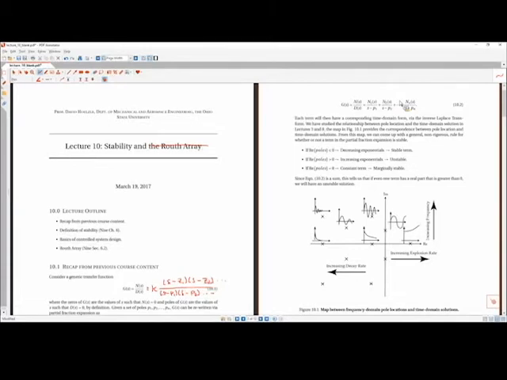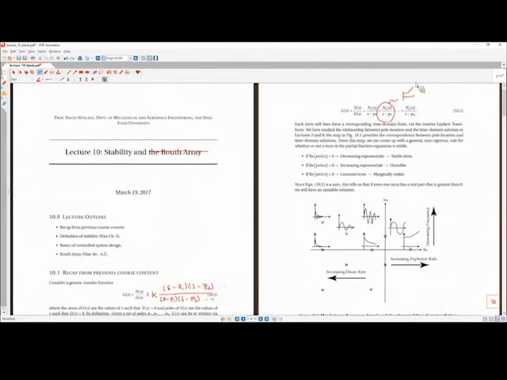A pole in the right half plane corresponds to solutions that are increasing exponentials. While all the other terms are decreasing exponentials, we're adding a function of increasing exponentials, so over time, this response is going to dominate.